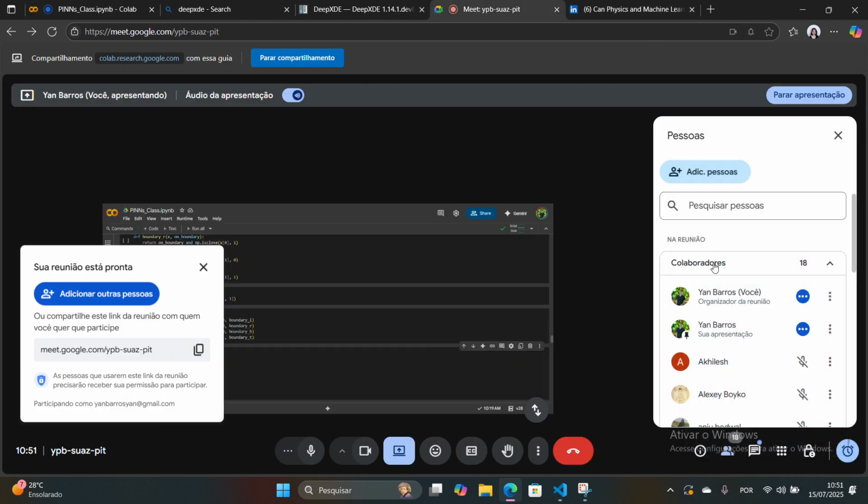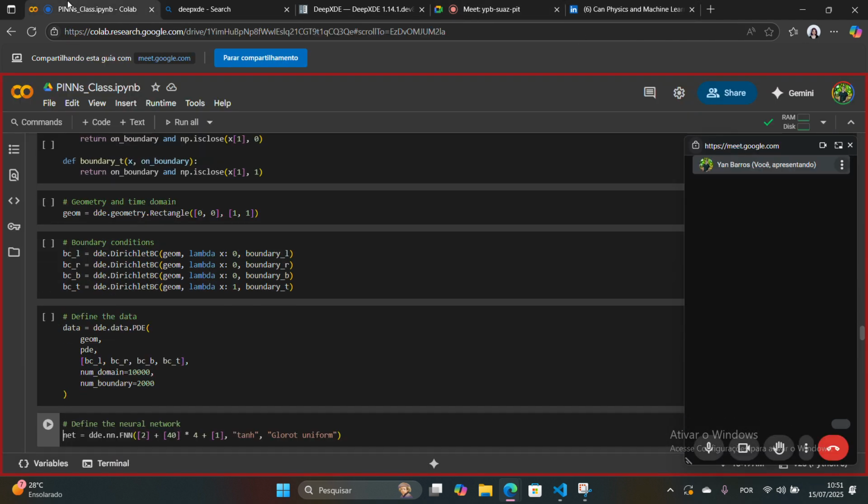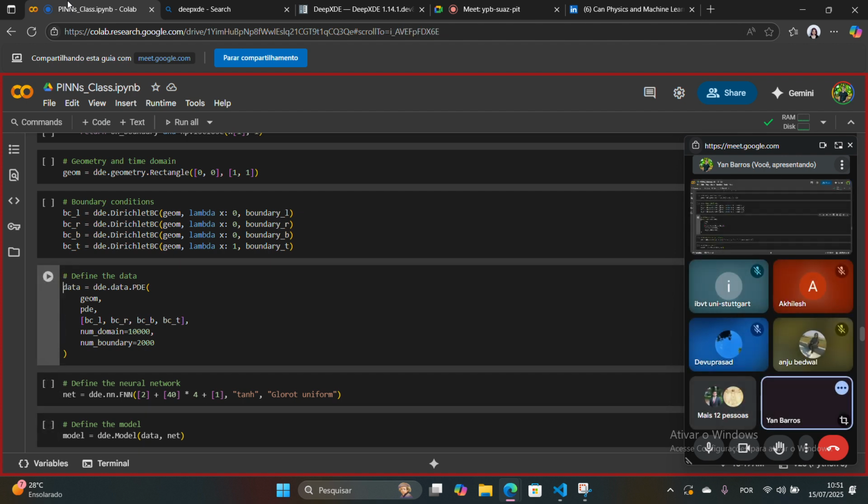Okay. Then we create this data object. Then we create a neural network. Here it is really easy how we can do this using DeepXDE. We put the neural network, a feedforward neural network. We have two inputs, like features, at the beginning. Then we have four hidden layers with 40 parameters inside. Then we have one output.